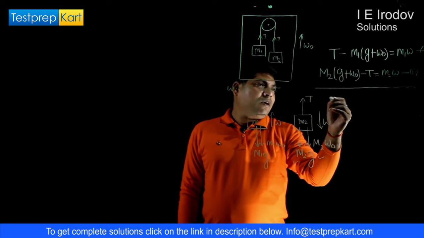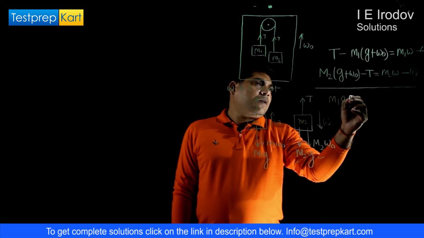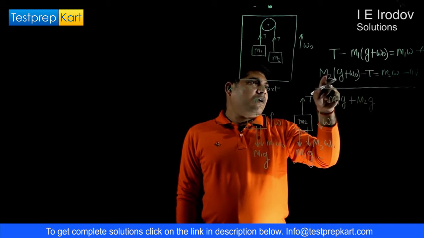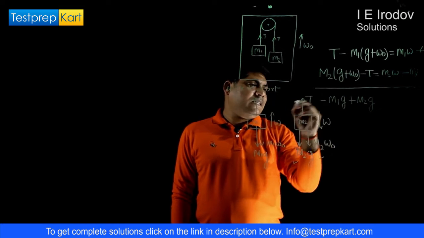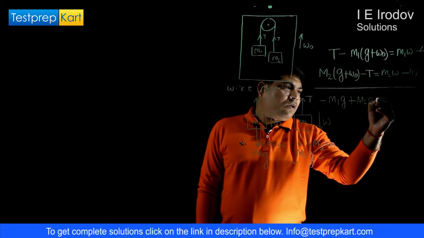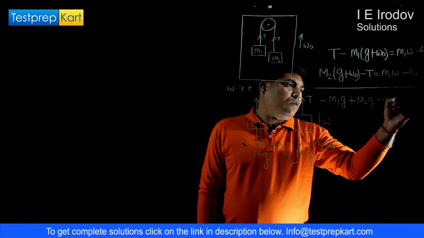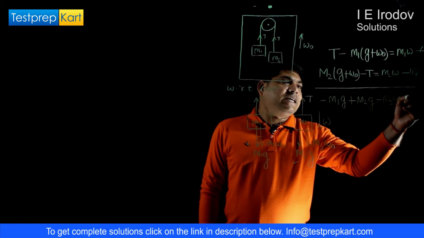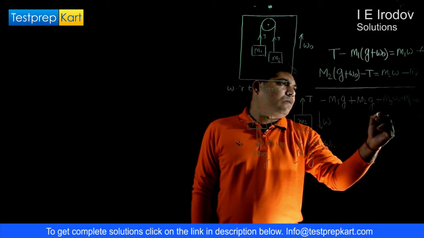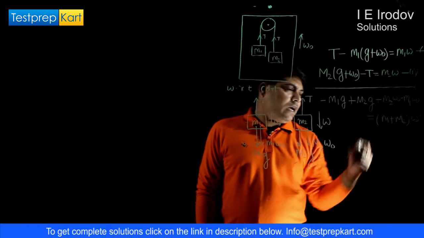And from here we'll get minus M1G plus M2G, because this is a negative sign, plus M2 omega naught minus M1 omega naught, and this is equal to (M1 plus M2) into omega.